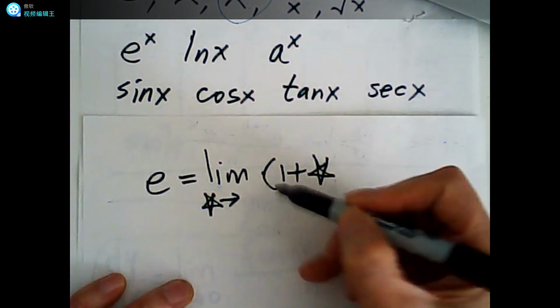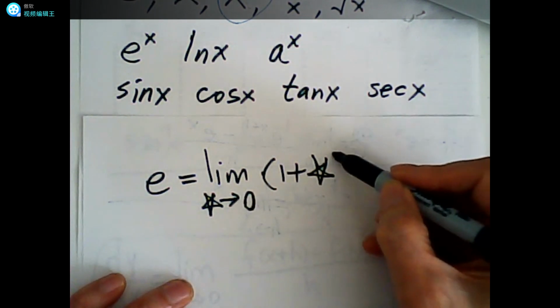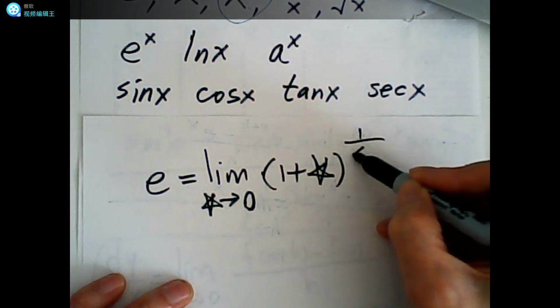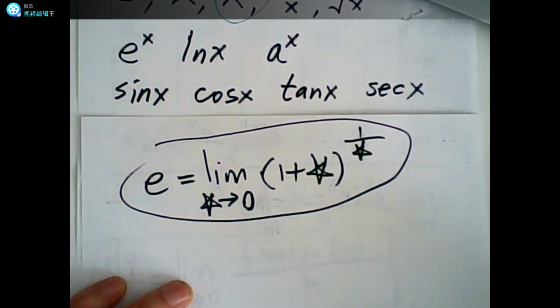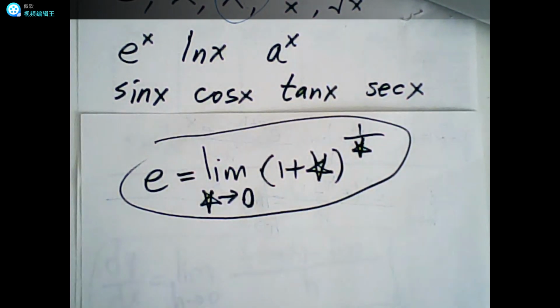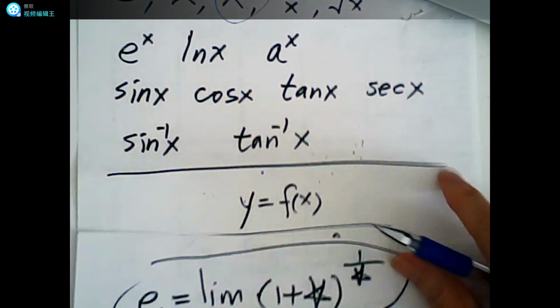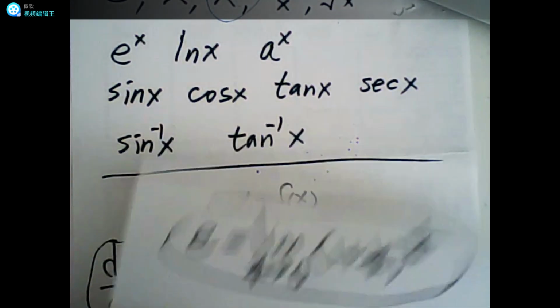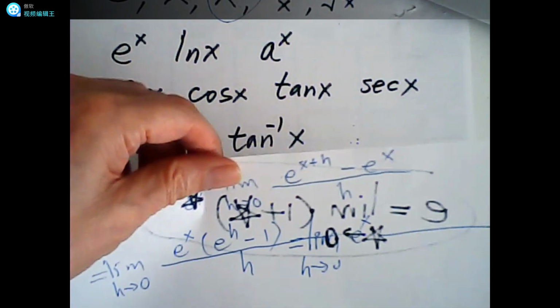It could be any quantity which is approaching 0, and the exponent is 1 over that. So this is e. This is the definition of e. Now we apply, where is e?